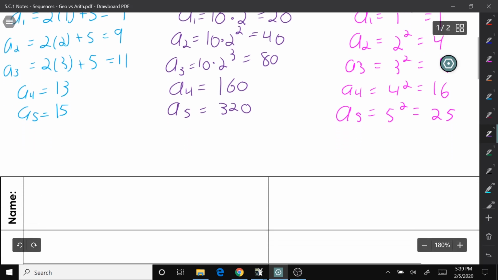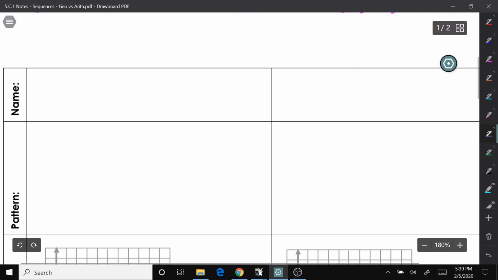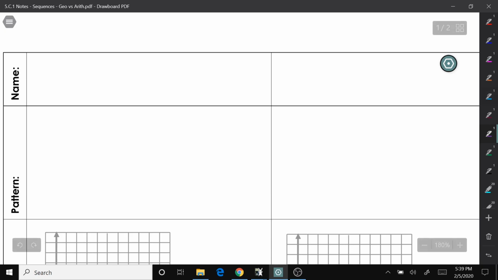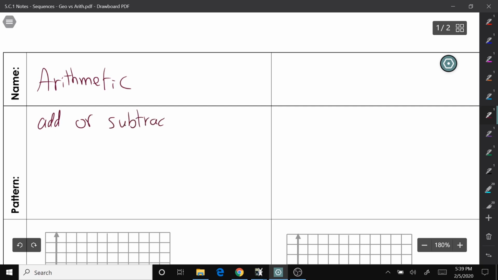Alright, there are 2 types of sequences that we're going to talk about. The first one is arithmetic, and that is when we add or subtract the same number each time.